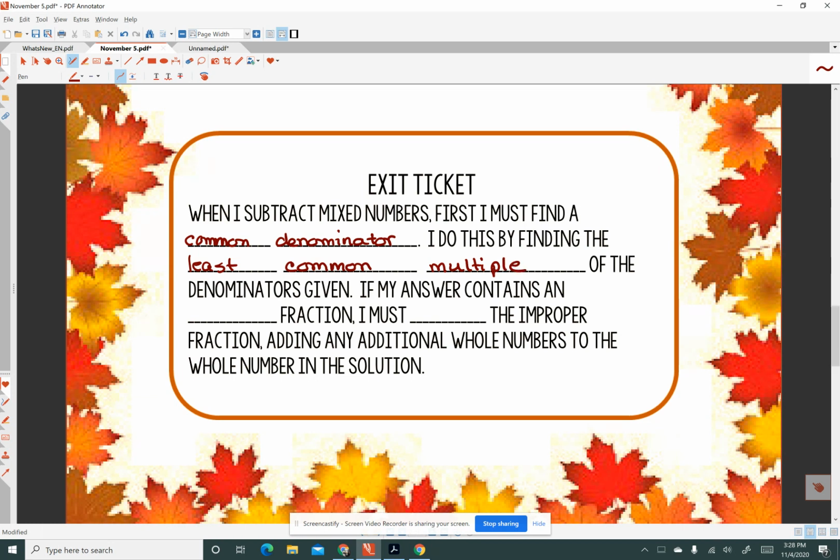If my answer contains an improper fraction, I must convert the improper fraction, adding any additional whole numbers to the whole number in the solution.